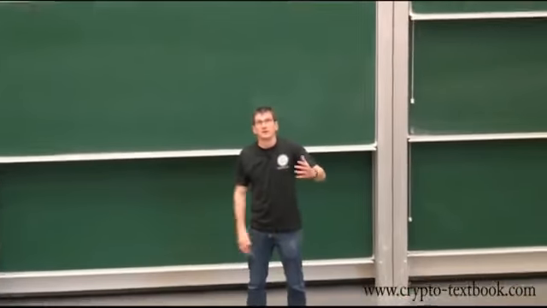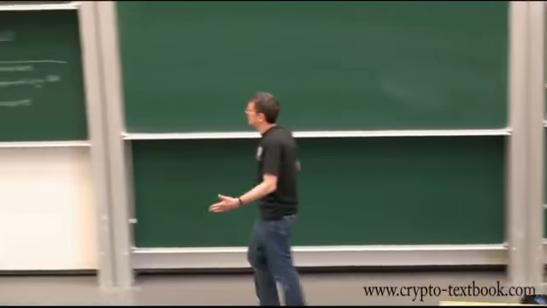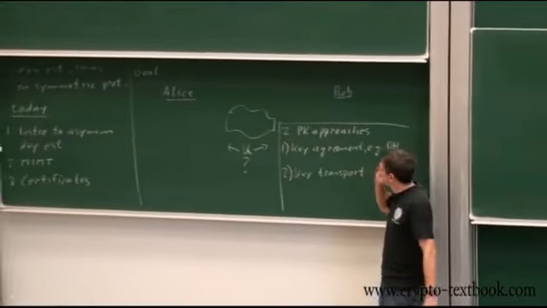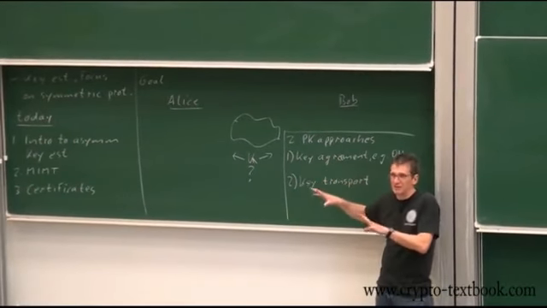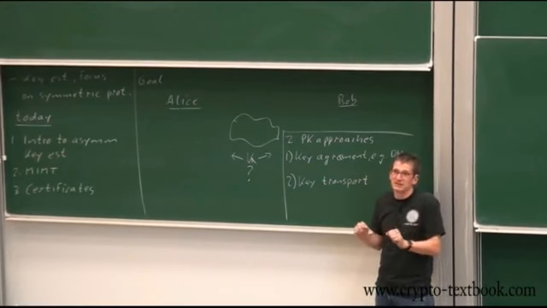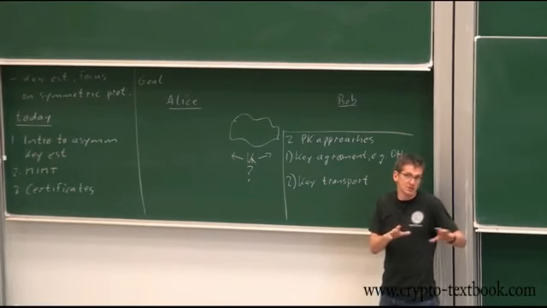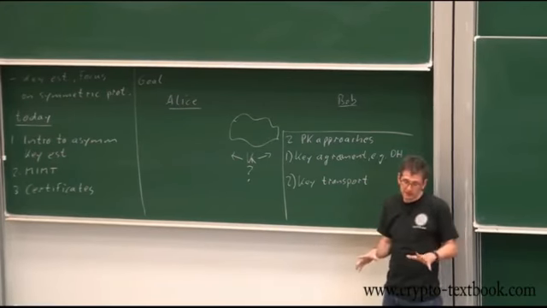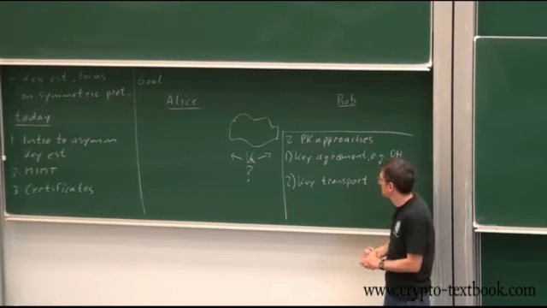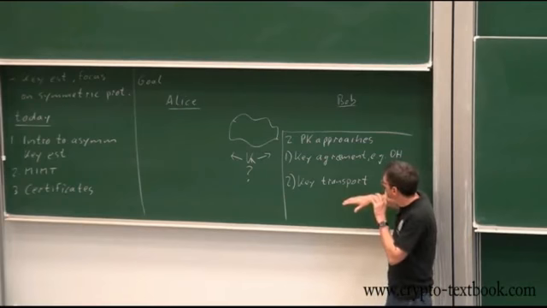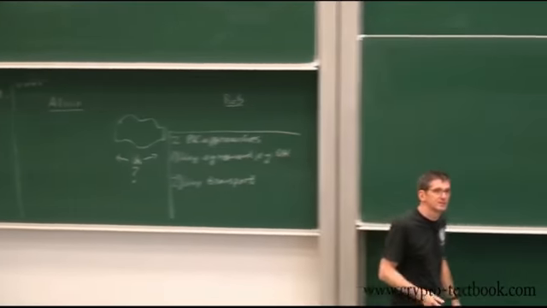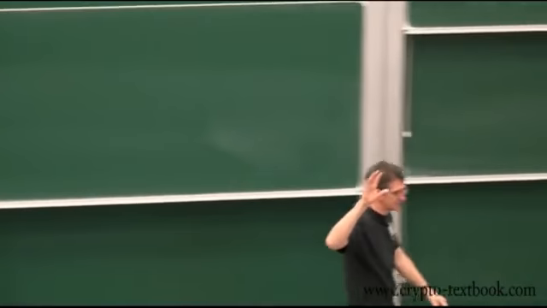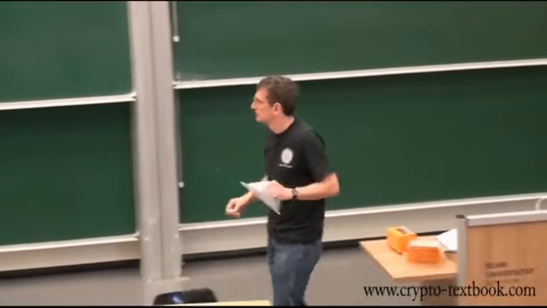But what we're going to do today is look at problems that all public key schemes have, and not only key agreement, by the way, digital signatures have that problem too, and whatever else you can do with public key cryptography. But we do that by example of Diffie-Hellman.